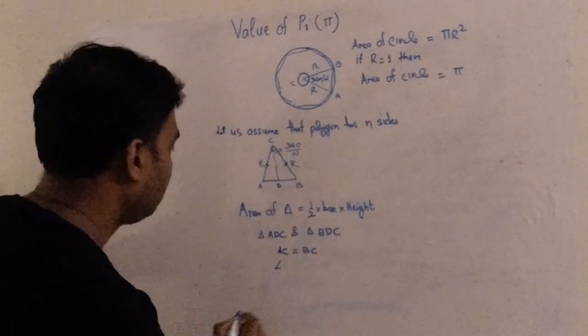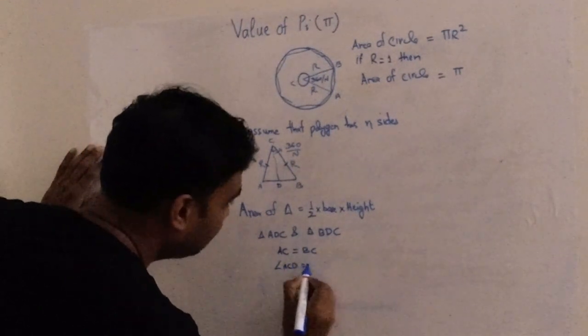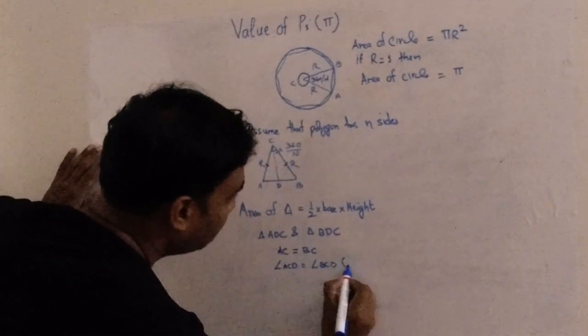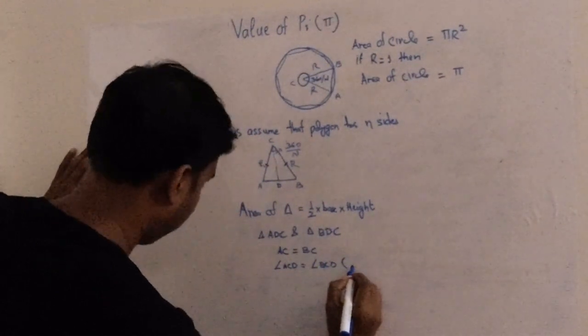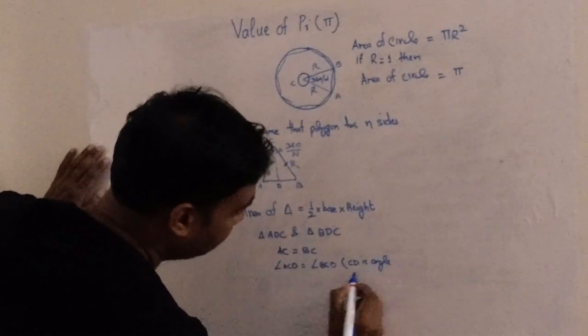Now angle ACD is equal to angle BCD, because CD is the angle bisector.